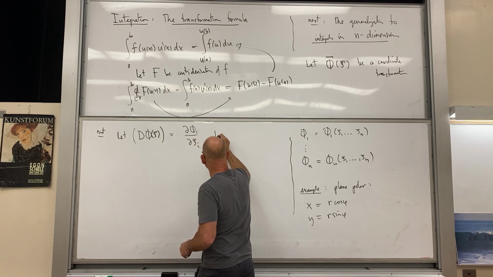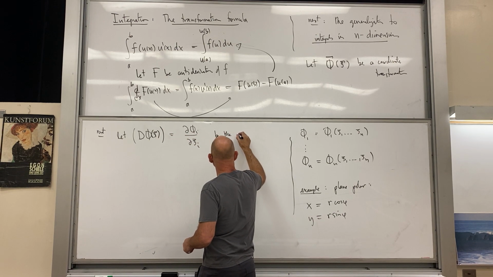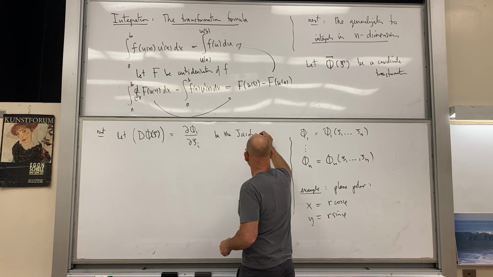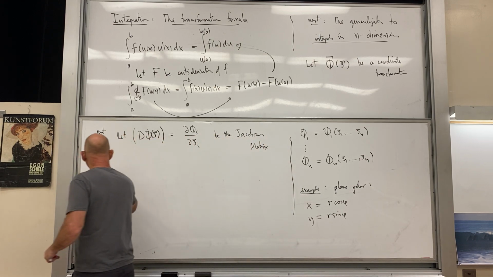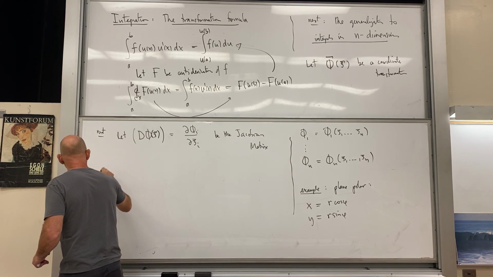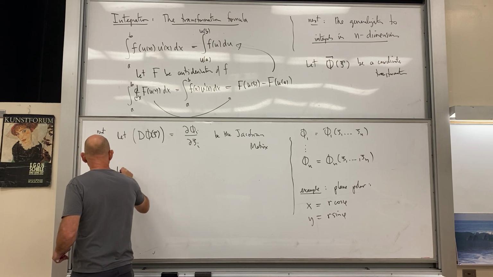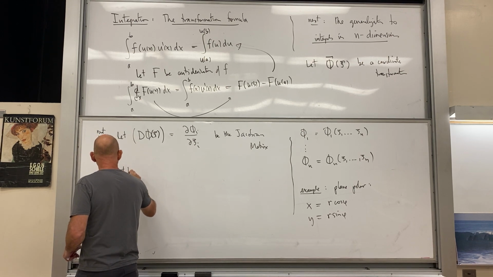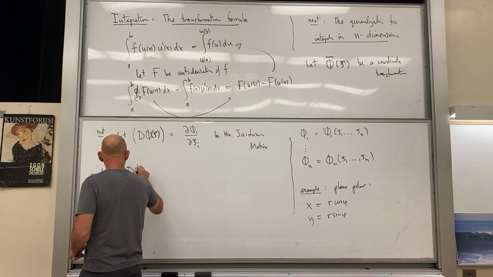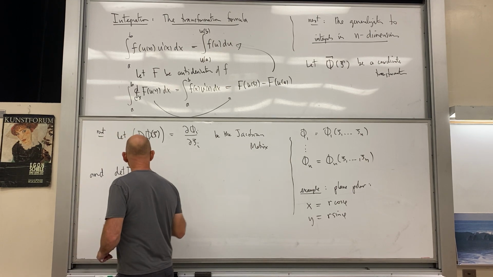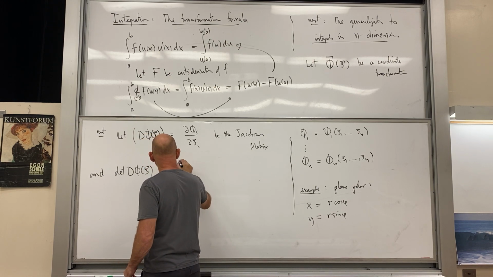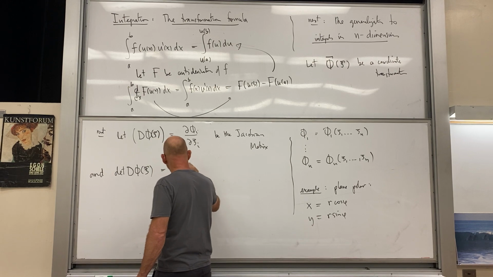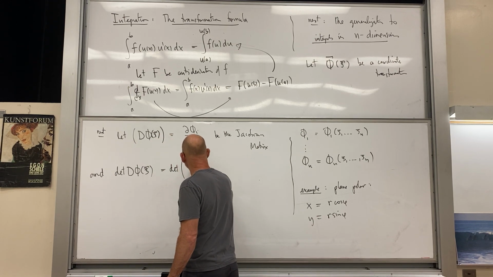This is the Jacobian matrix. And the determinant of this is equal to the determinant of this matrix d phi d c sub j.